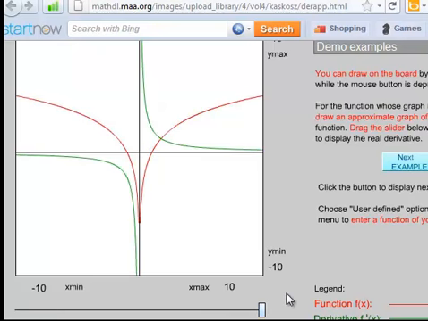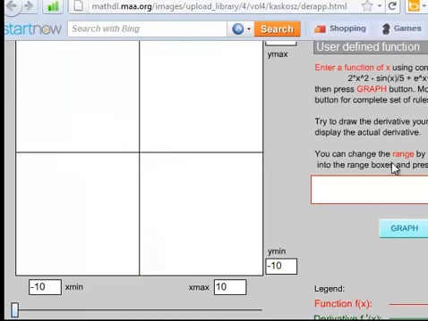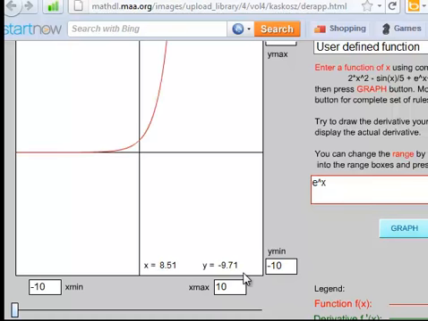Okay, so we're going to go to a user defined function, and that will be e to the x graph. Okay, now we're going to take the derivative here. Watch this. Look at this. At every point, the derivative is itself, which I think is really cool.